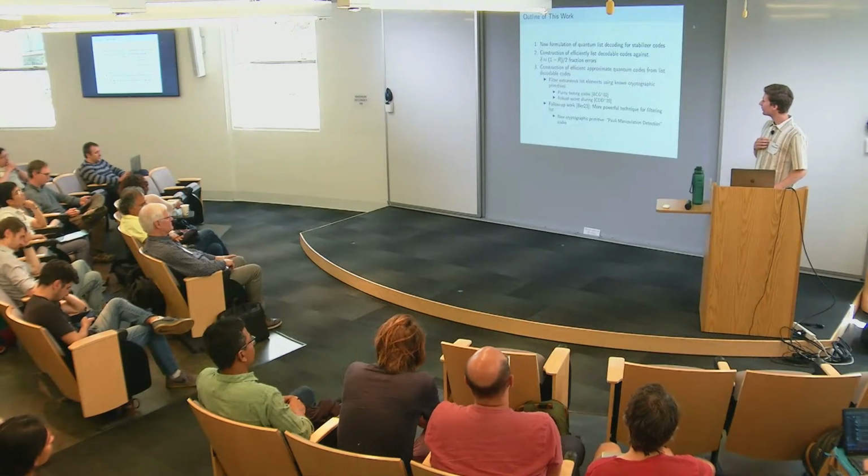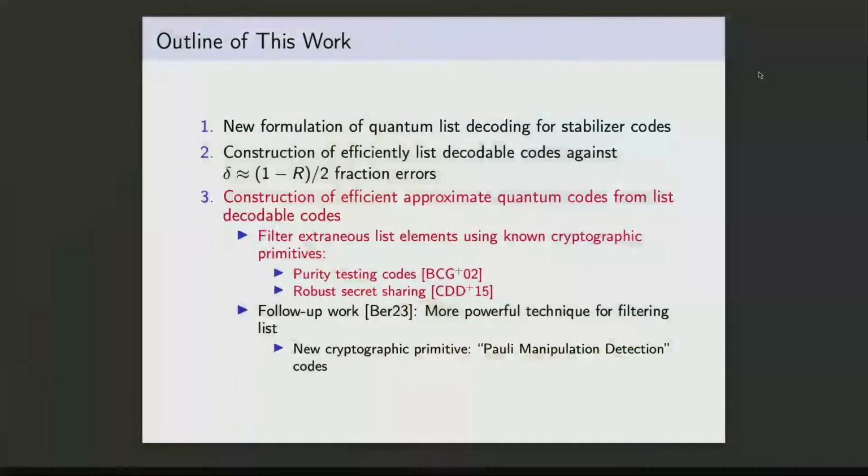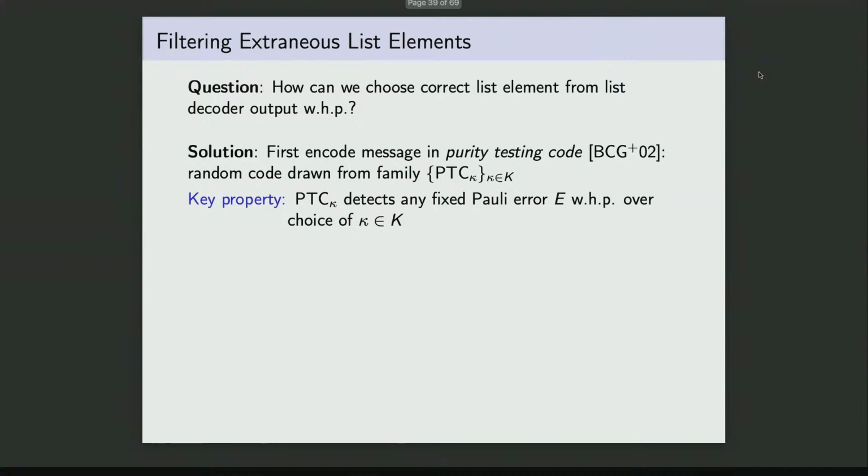So now I'll go to the third part, which is that we have our list decodable codes, and we want to get approximate codes from them. This is what I've hinted at before. Basically, the question is, how can we choose the correct list element from the list decoder output with high probability? As I mentioned, the solution is to encode in this purity testing code.